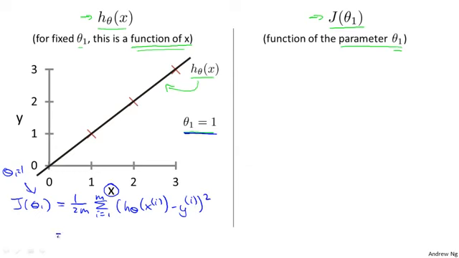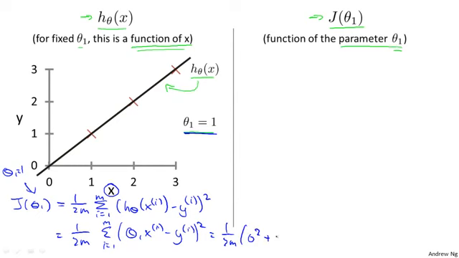And this is therefore equal to the sum of (theta 1 times x i minus y i) squared. And if you simplify, this turns out to be 0 squared plus 0 squared plus 0 squared, which is, of course, just equal to 0.